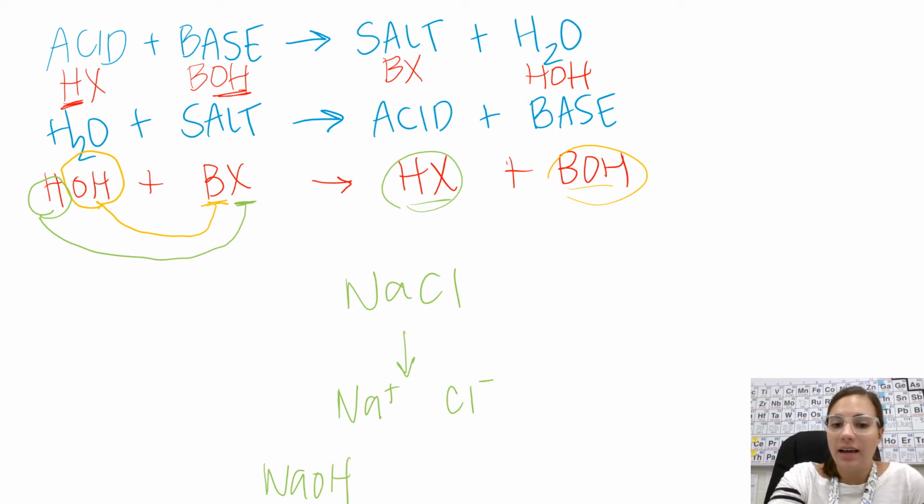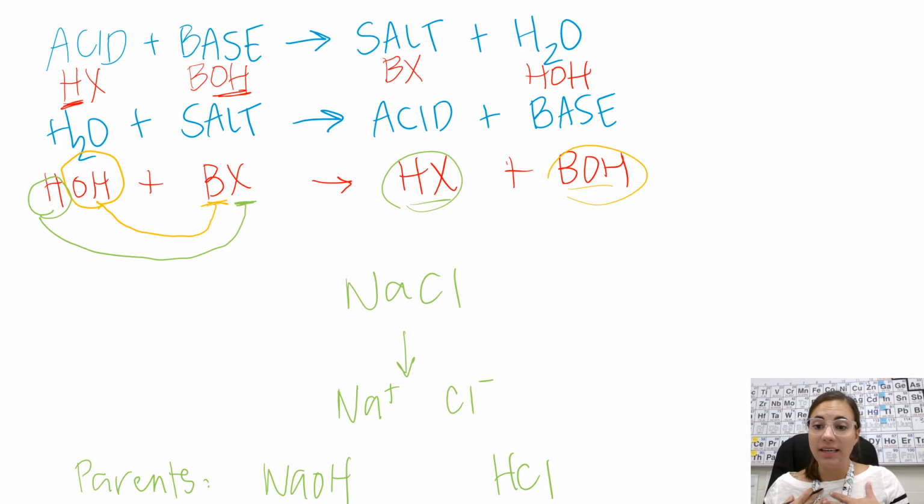I add the anion to hydrogen to make the parent acid. Okay, so these are the parents to this salt. Now my question is, are the parents strong or weak?